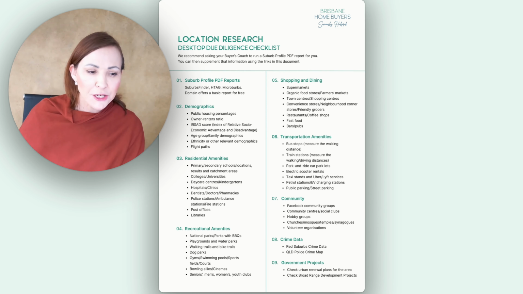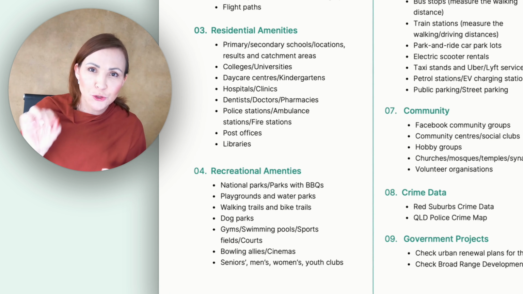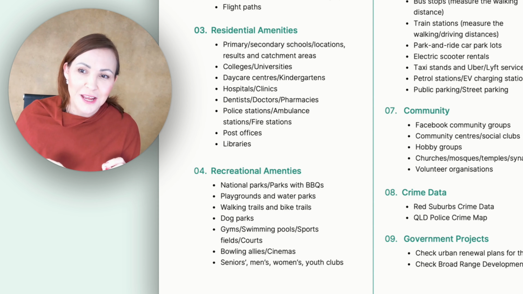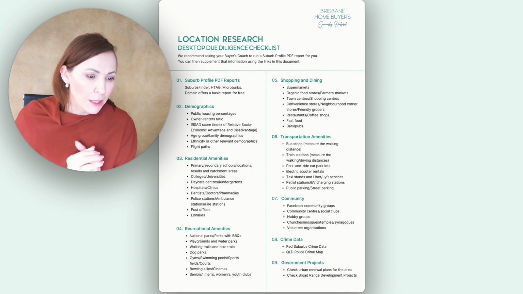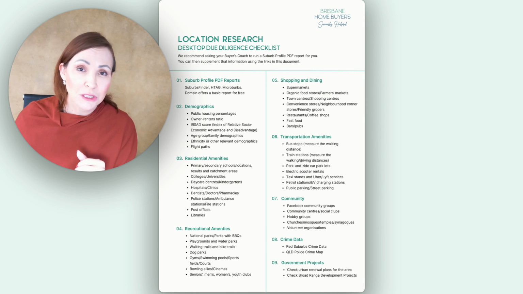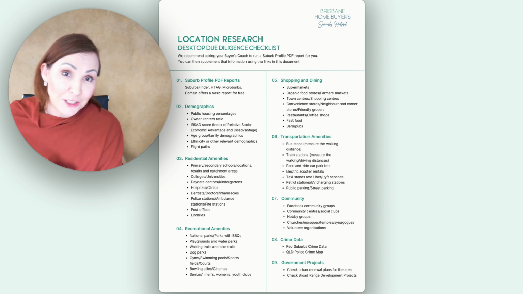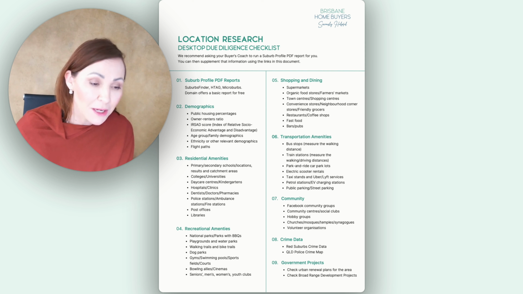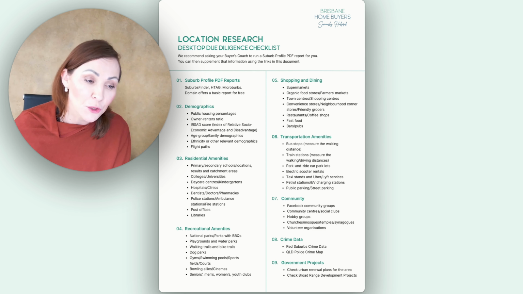So recreational amenities are like the national parks. And you can get a map that shows you where the barbecues are and if you wanted to live within walking distance of that. Playgrounds and water parks if you've got little children and you live in a hot town. Walking trails and bike trails for people who love to ride bikes around on the weekends. Dog parks if you've got a dog that loves to go to a dog park.